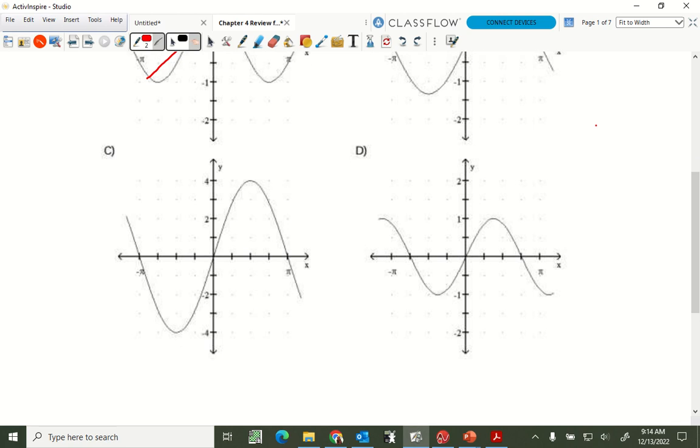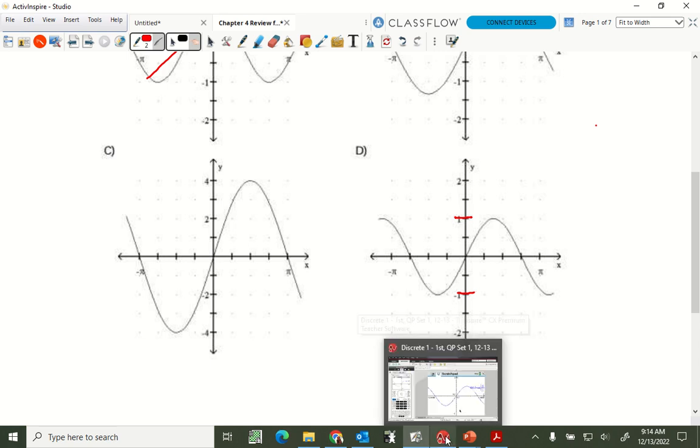Does it extend to the whole thing? It doesn't extend to the whole thing. That goes to 1, right? It doesn't go to the whole amplitude.